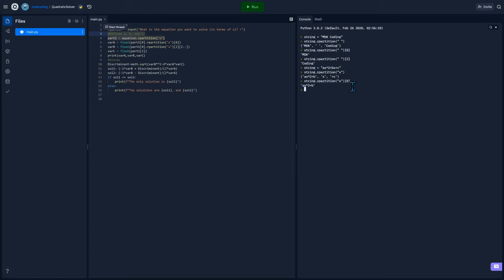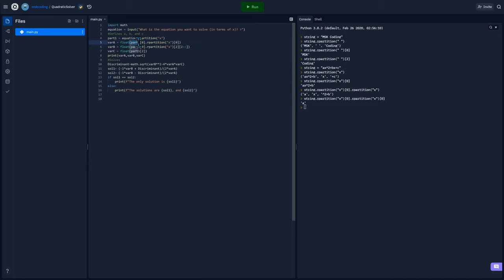You can get the first one of that, ax squared plus b. Then we can rpartition again on x, so then a, x, and squared plus b. Then first element of that, take that a. And so basically, that's what this variable assigning is.